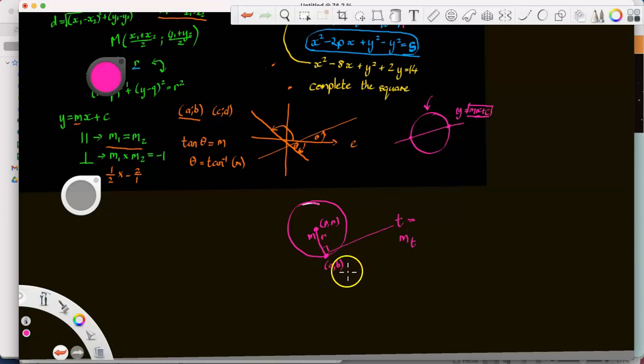And so I know that I can calculate this gradient. And when I've calculated this gradient, I can then calculate that gradient because MT times MR must be equal to -1.